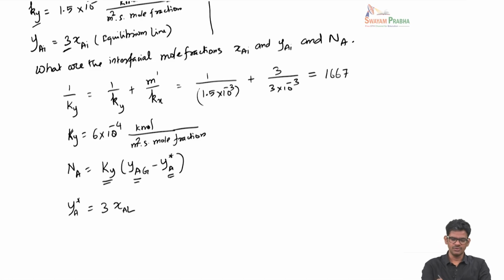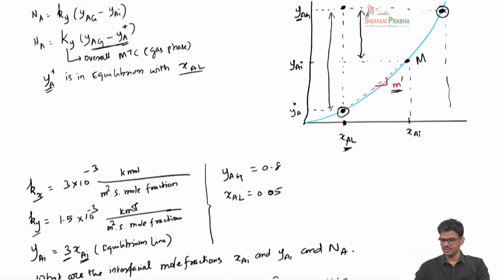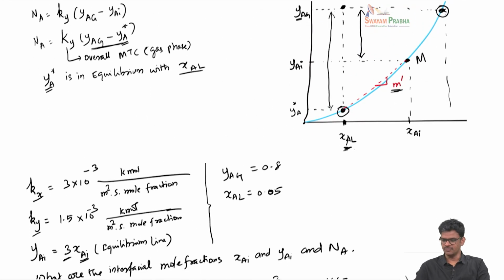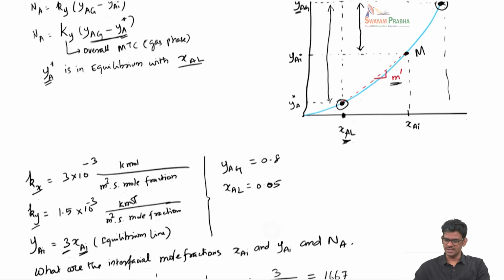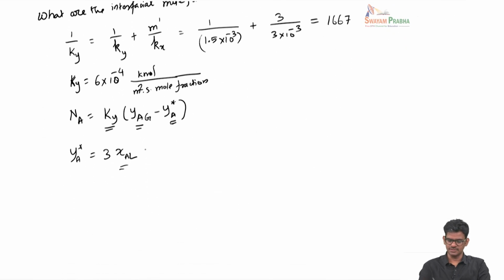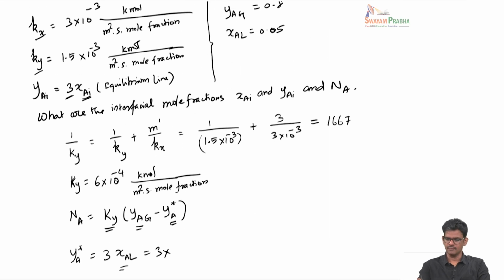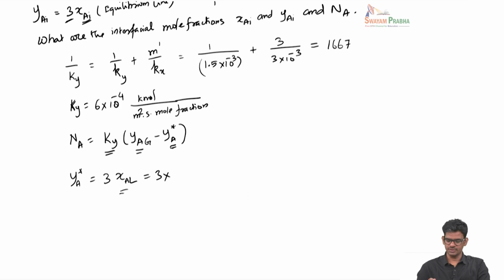I'm using the bulk concentration XAL, because YA star is the one that is in equilibrium with XAL. So I use the equilibrium relationship Y equal to mx and substitute for XAL to get YA star. This will be 3 times XAL, which is 0.05.